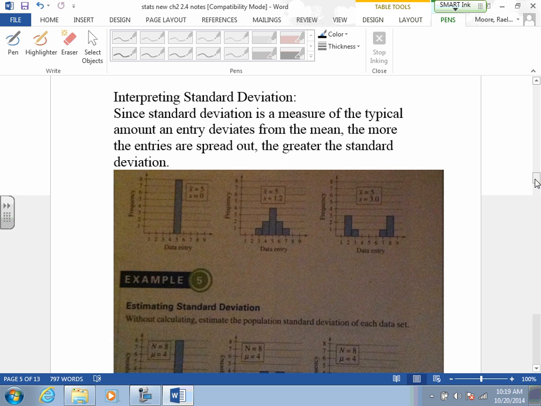Since your standard deviation is a measure of the amount that entries spread away from the mean, deviate from the mean, the more your data is spread out, the larger or greater your standard deviation is going to be. The closer together, it's going to have less deviation, isn't it? You have a smaller standard deviation. This is important that you get this.